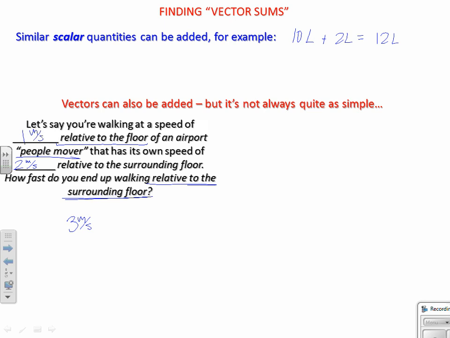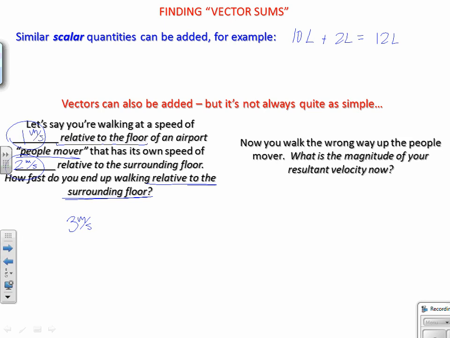We've just added 2 of these quantities. The question again is, what is this quantity we measure in meters per second? Now, if we look at the next one, what if you walk the wrong way? Ooh, look at this. Here's the new kind of phrasing of a question. What's the magnitude of your resultant velocity?